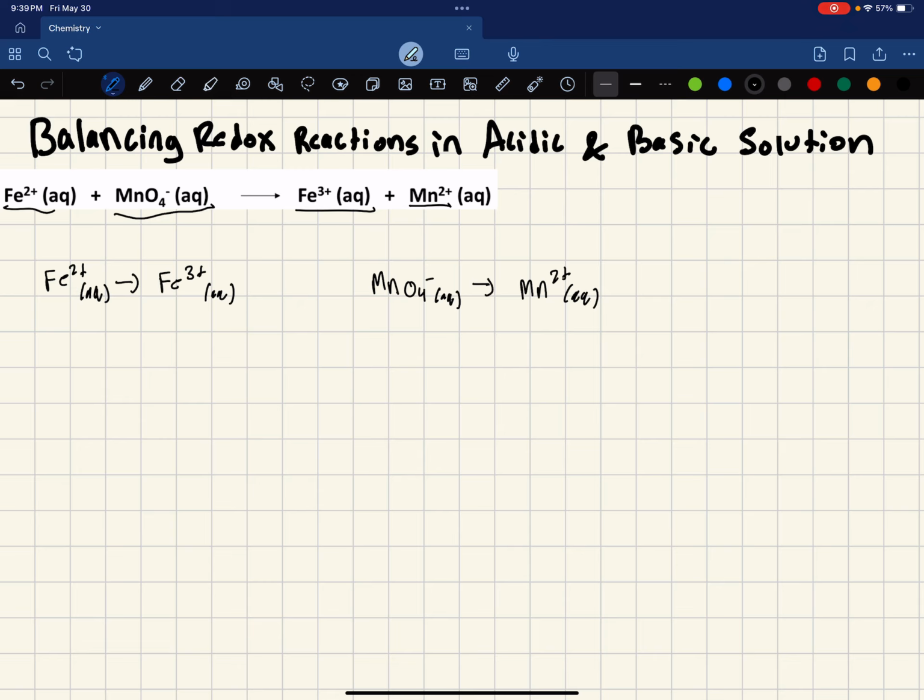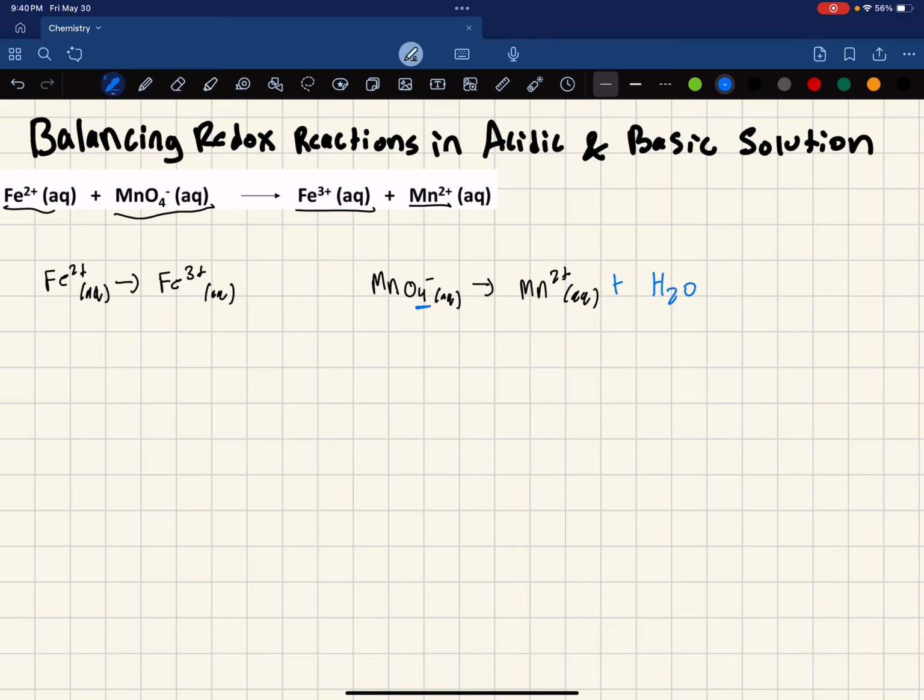So the next step is very important too. What I like to do is balance each half reaction. So for this one, in terms of atoms of iron, it's the same, so we leave it as that. But in this question, however, there's oxygen. Now what might we be thinking, what do we do with oxygen? There's one simple thing we can do, and that's add water. So we add water to this right-hand side to balance for the oxygen, H2O.